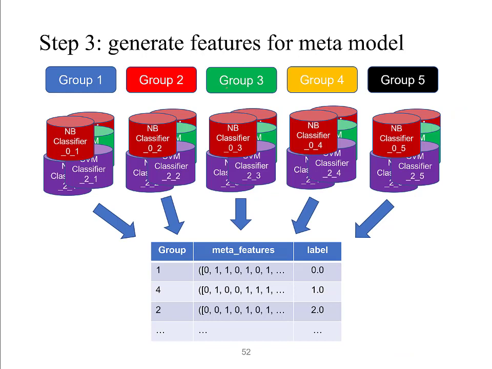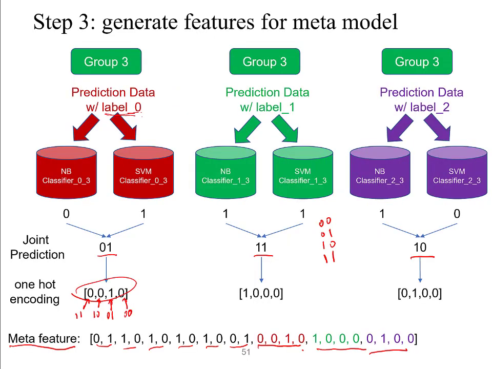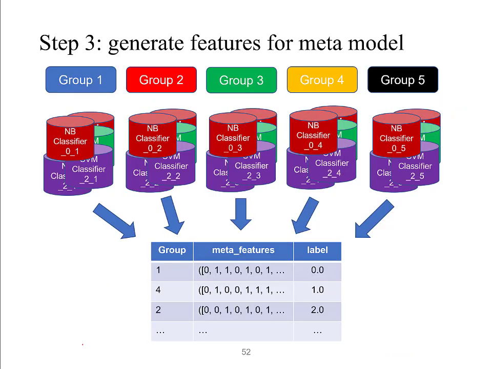So now for each group with these classifiers, we can generate a meta feature for each row. If you still remember, you would be able to see that here we generate the meta features for data in group 1, and here for data in group 2, and so on.